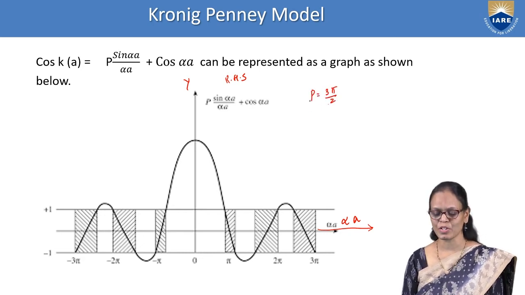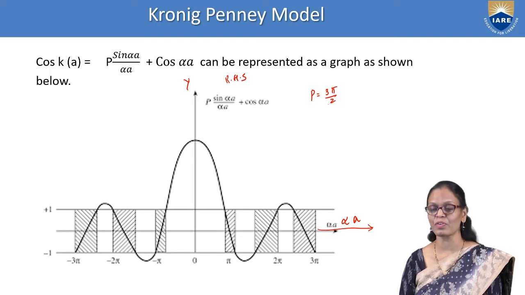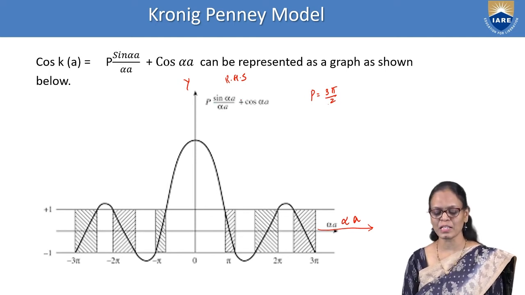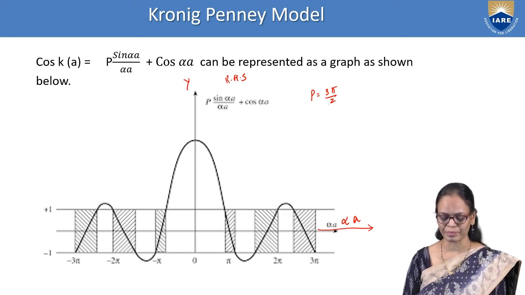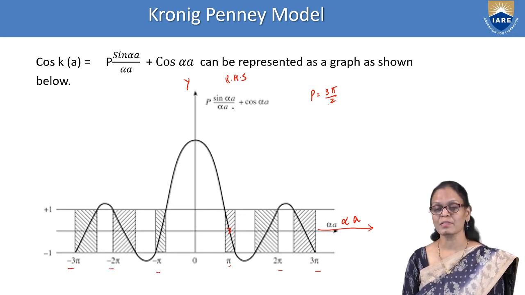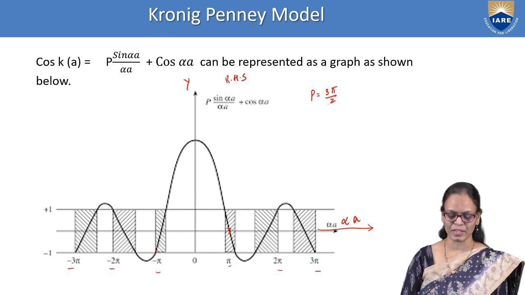Now substitute the values and see how this value varies for every value of alpha. Say alpha is equal to pi. You keep on varying the values: this is pi, this is 2 pi, 3 pi, and on the other side minus pi, minus 2 pi, and minus 3 pi. Substitute and get the values along the y-axis, and you will get a graph like this.